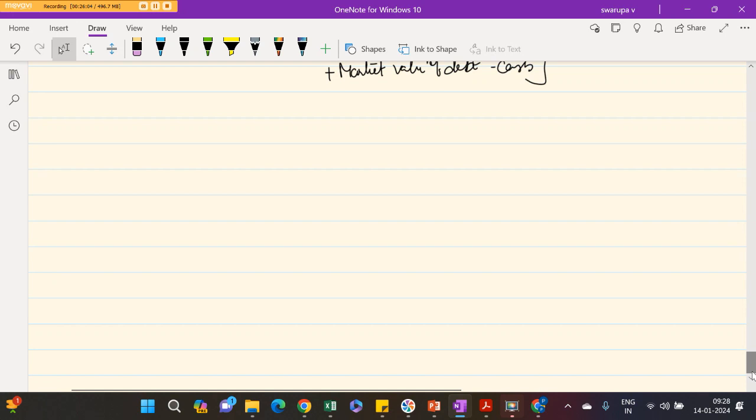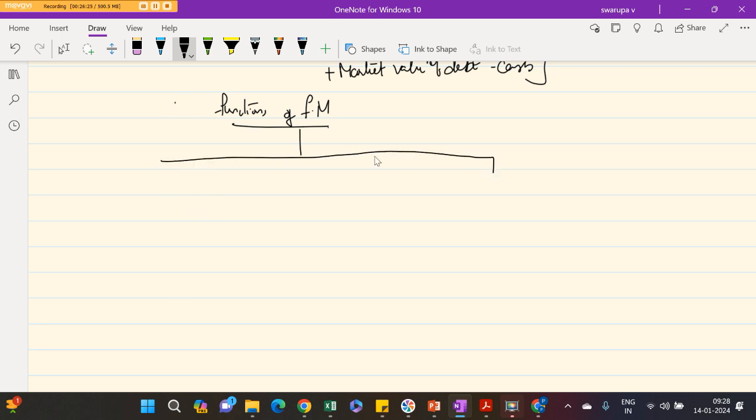Now, after objectives, we'll come to functions. Functions of financial management. It is the same thing that we discussed with the textile example. The only thing is now we will be seeing from the perspective of a corporate.